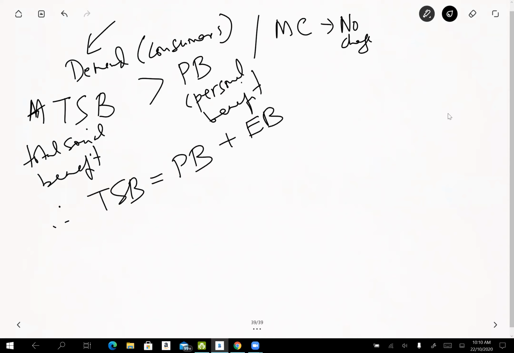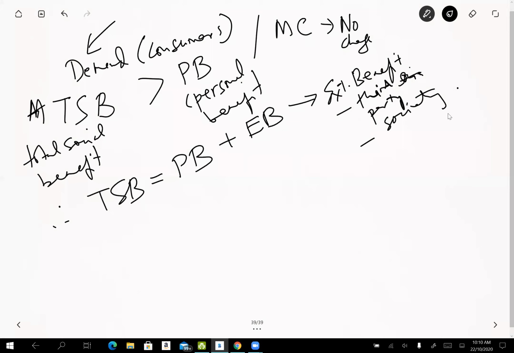That external benefit is the benefit to the society and the third party.